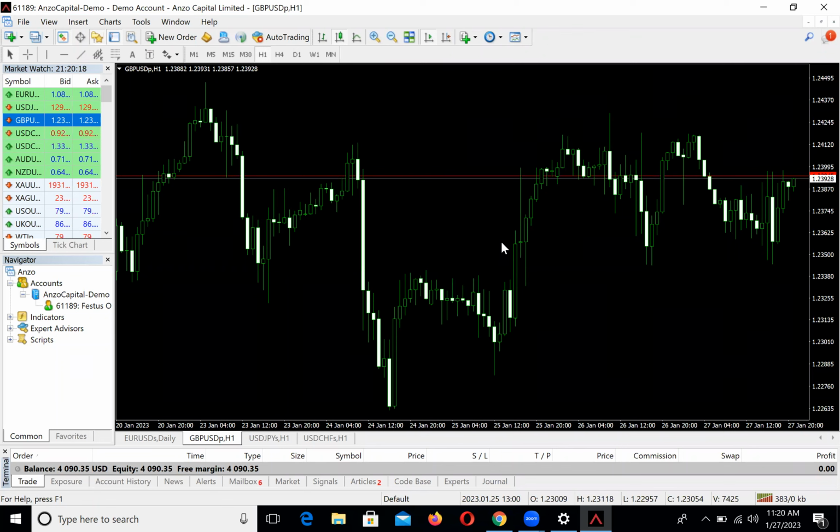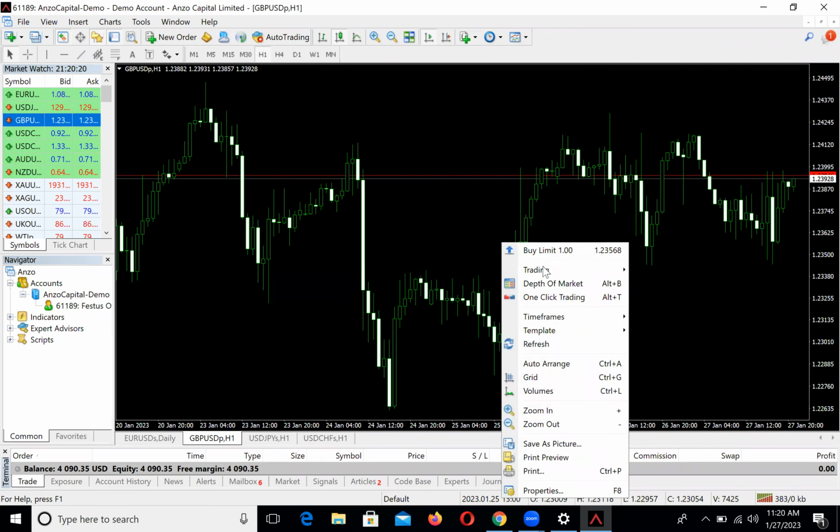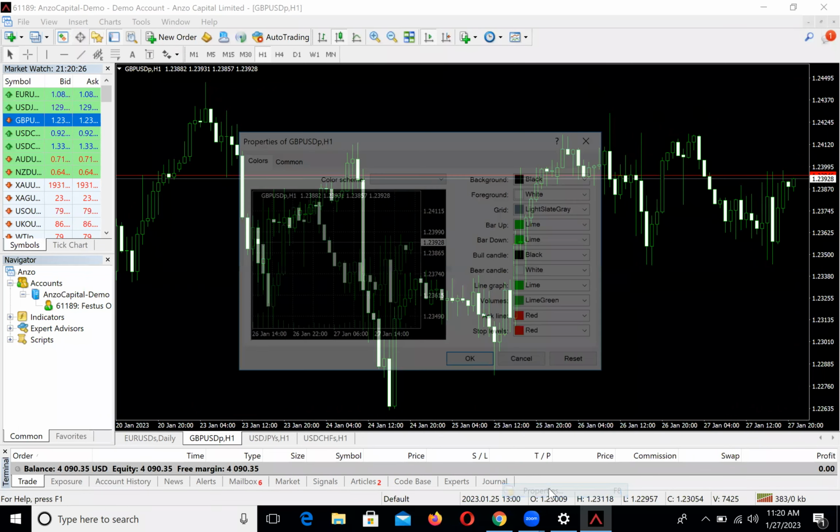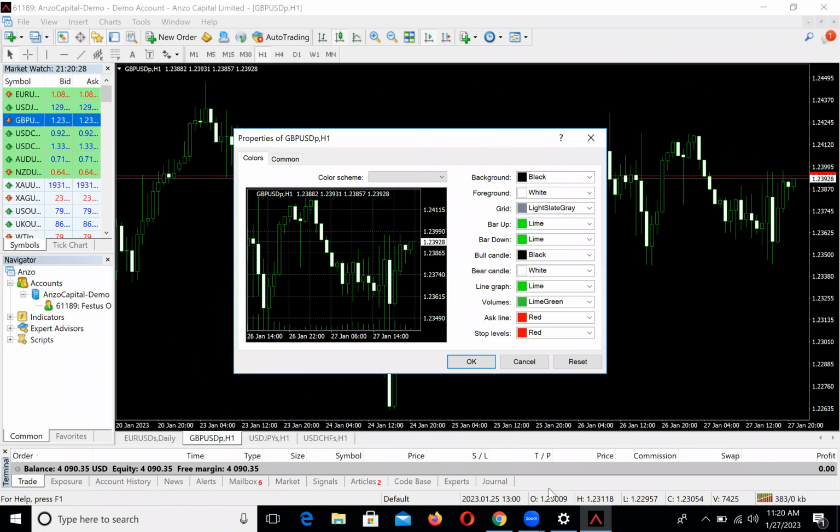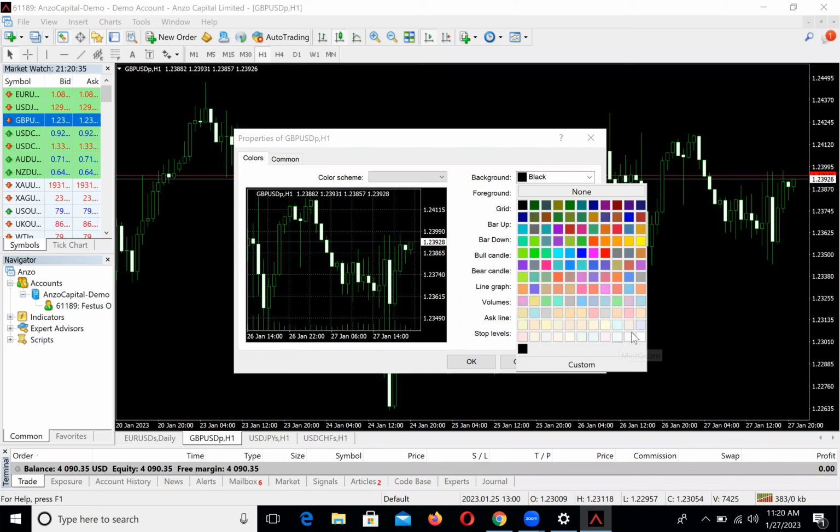Once you right click on your chart, options will come out like this. So you go down to properties. What we have here, the first one, is background. I like that to be something close to white, but not white. Let's use snow.